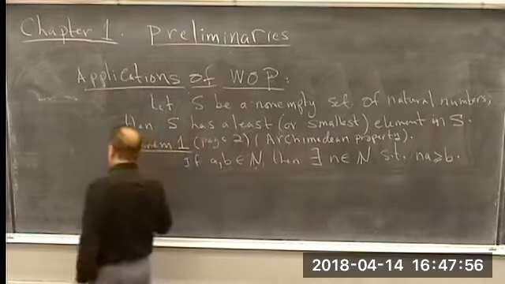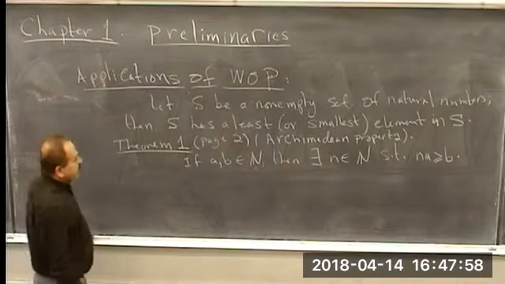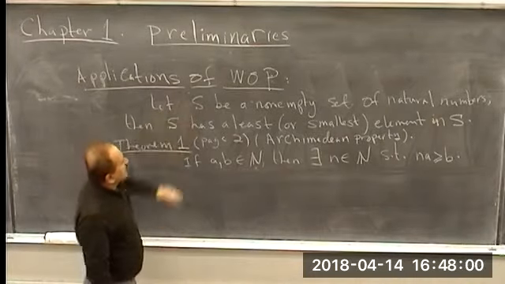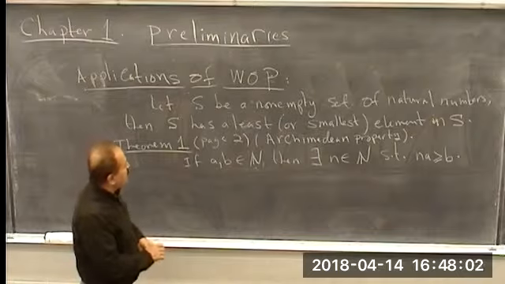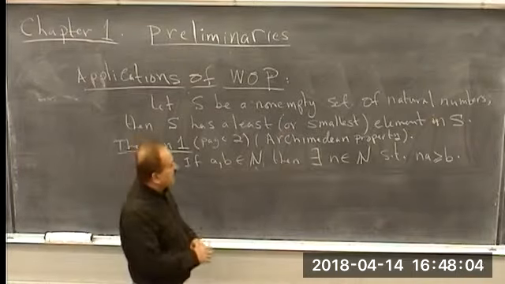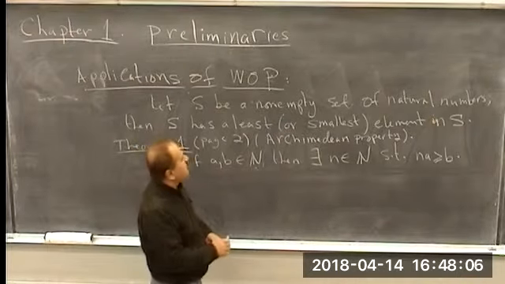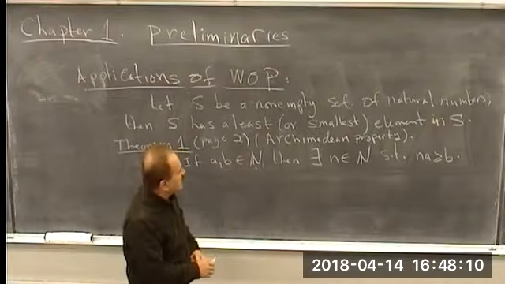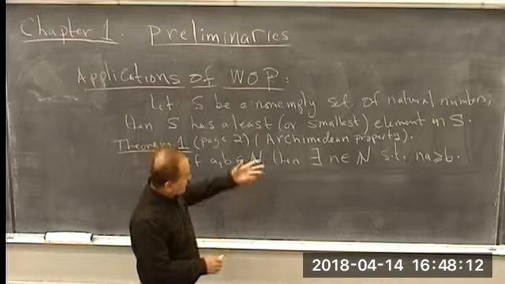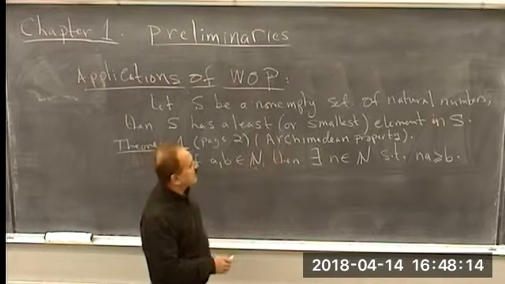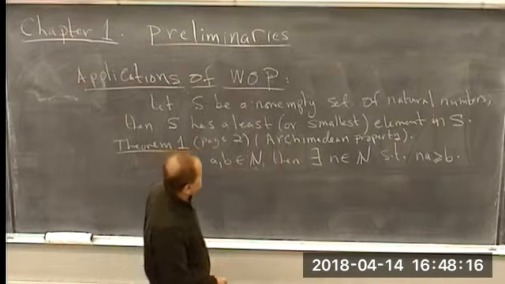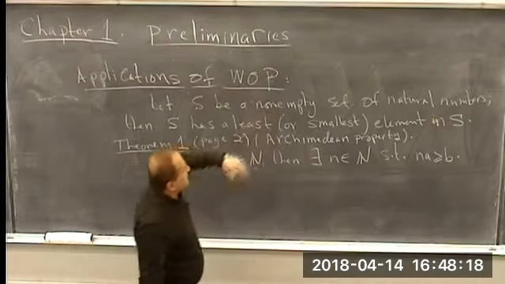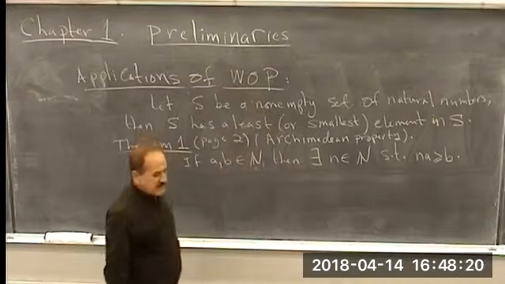All right. The idea here is, as we have, we're going to be applying the well-ordering principle to create a non-empty set of natural numbers, so that it would require that it has a least element.